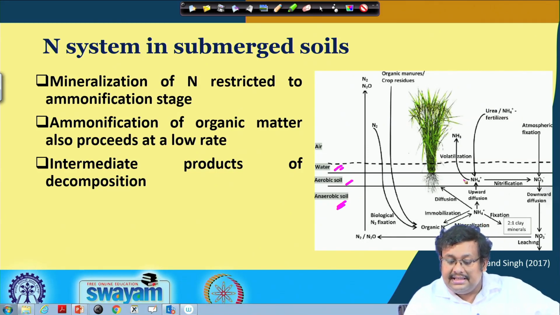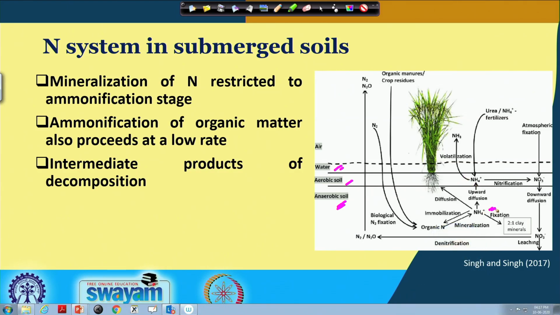One thing is clear: the ammonium ions you can see here are diffusing away to the plant root. In the aerobic zone, when we apply urea or ammonium fertilizers, the ammonium gets converted to nitrate by the process of nitrification, since it is an aerobic layer.